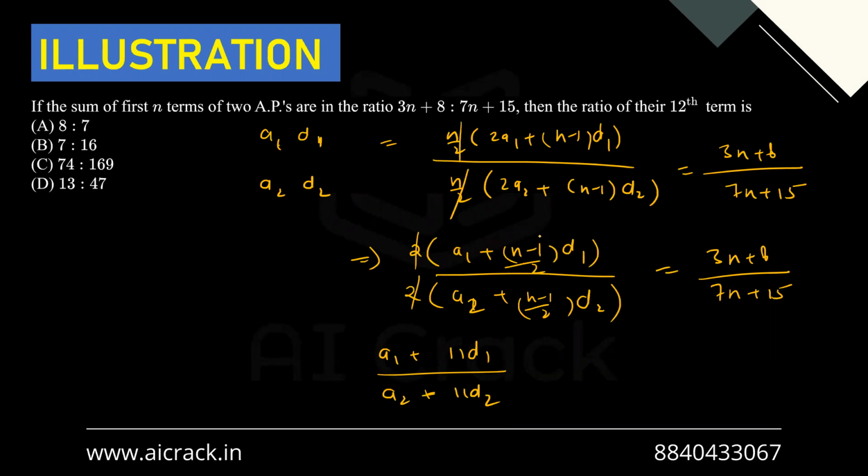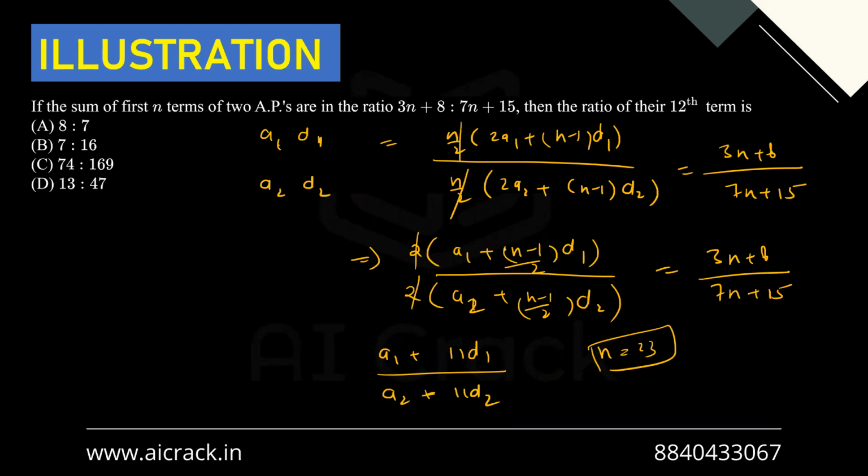Now I can put some value of n over here that would make this 11, and over here as well, because we have the common term n minus 1 by 2 in the numerator and in the denominator as well. So basically I'll put n equals 23 and that would give us the equation exactly as this one.